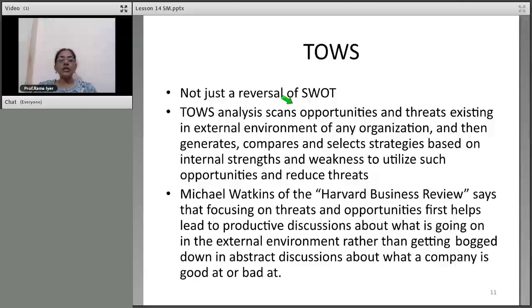Now here, TOWS is not like that. TOWS is the exact opposite, because you look at opportunities and threats in the external environment, and then it generates and selects strategies based on internal strengths and weaknesses, so that the opportunities can be used. Are you understanding?